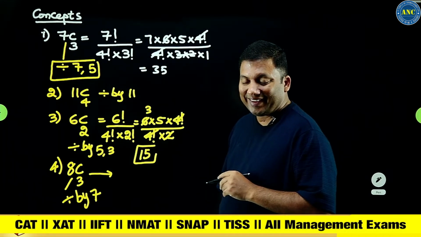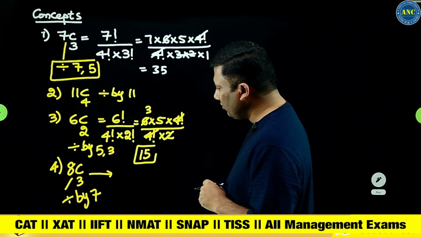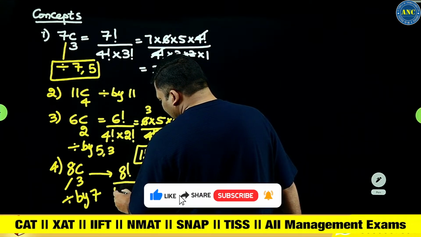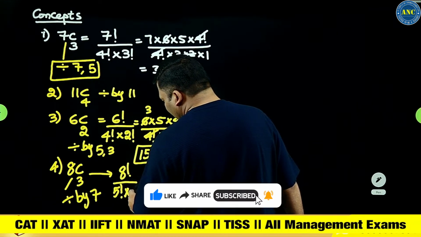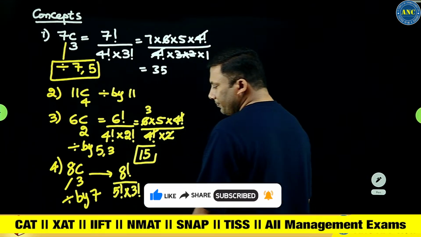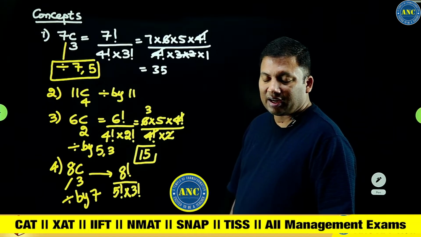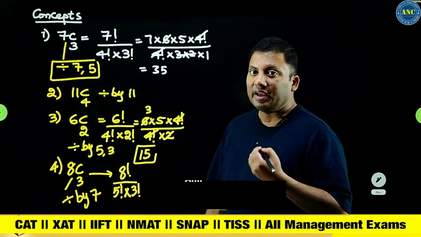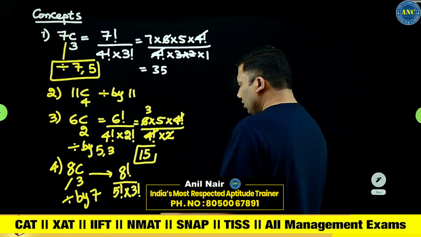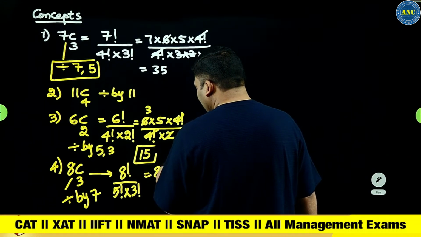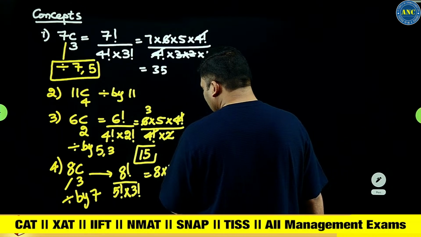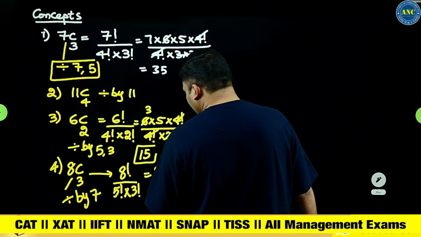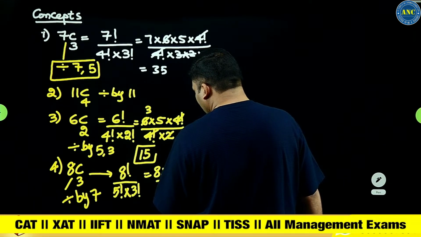I hope the idea is very much clear to you. 8C3 is 8 factorial by (8 minus 3) factorial, that is 5 factorial into 3 factorial. 8 factorial is 8 into 7 into 6 into 5 factorial, divided by 5 factorial into 6.